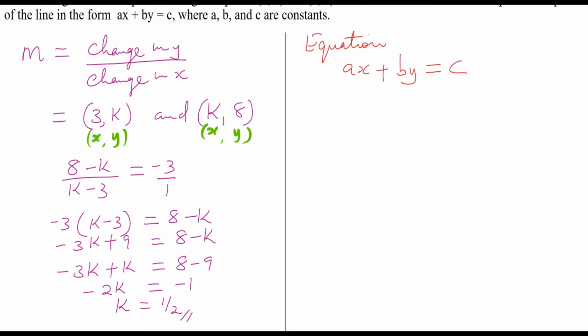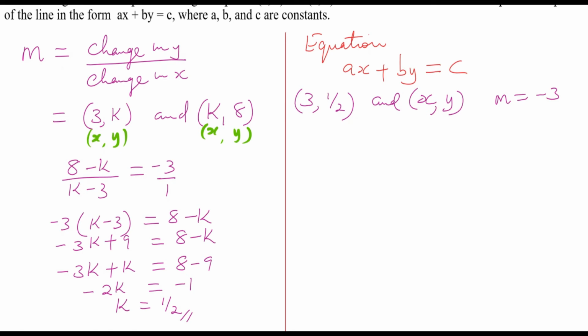To get the equation, you take 1 point given here, 3k, and you've got k to be 1/2. And you introduce another point, you call that point (x, y). Since we know the gradient is -3, we can get the equation using these 2 points.